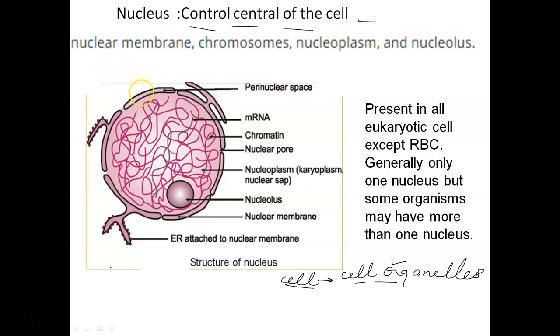Double membrane bound: this is the outer membrane. Of course, this membrane should be porous, right? And this one is the inner membrane. Double membrane bound cell organelles are the nucleus, mitochondria, and chloroplast.